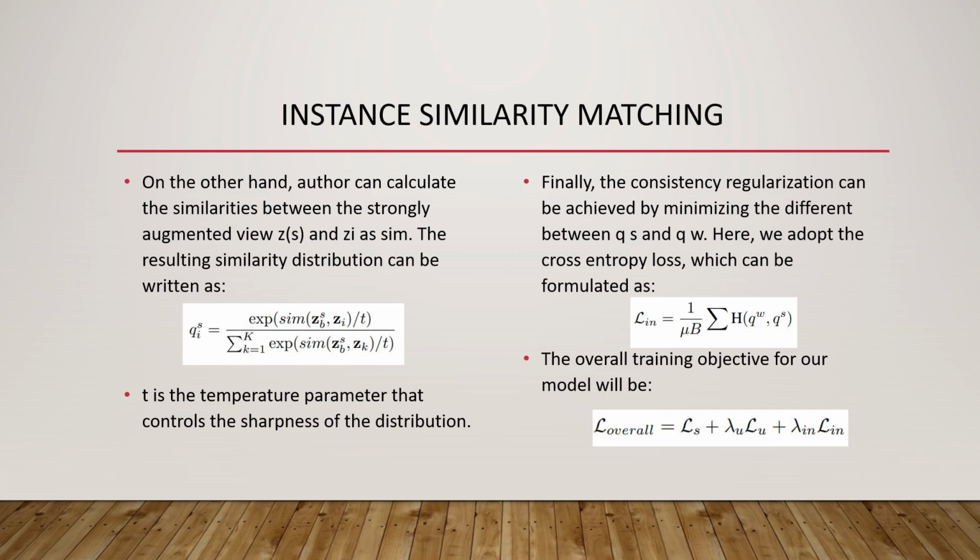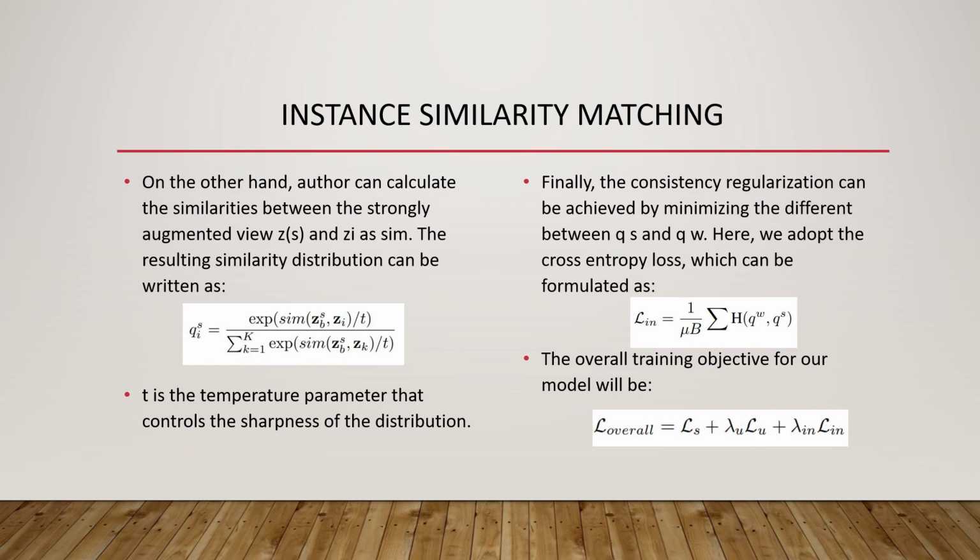On the other side, the authors calculate the similarity between the strongly augmented view ZS and the ZI as in SIM, and then this formula is written. Here T is the temperature parameter that controls the sharpness of the distribution.